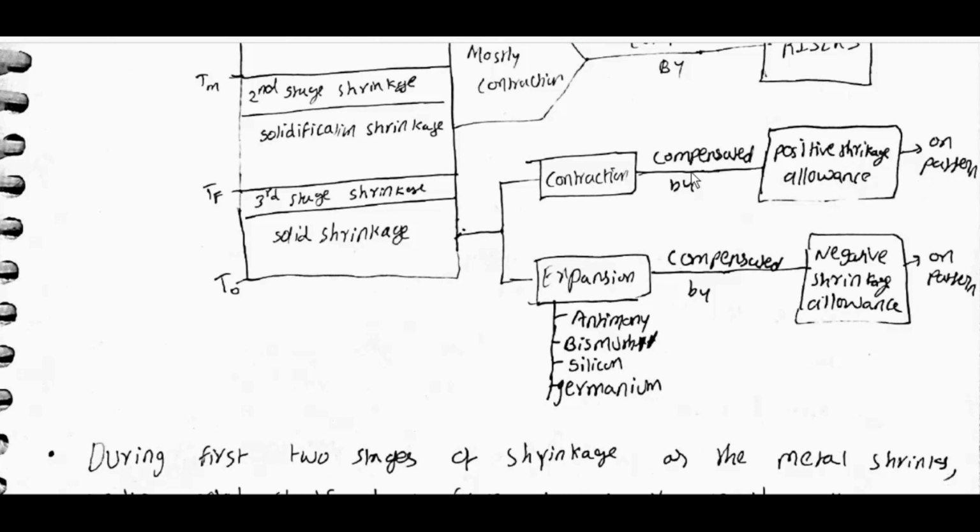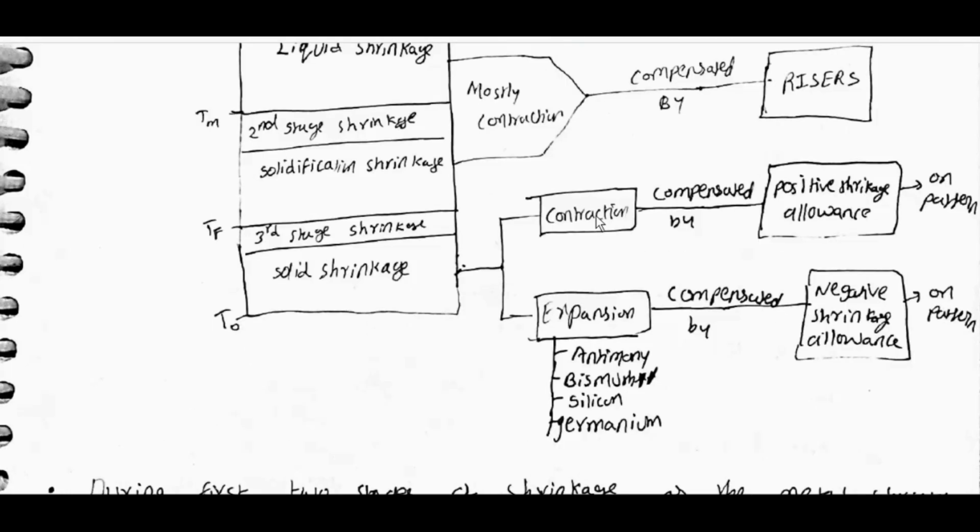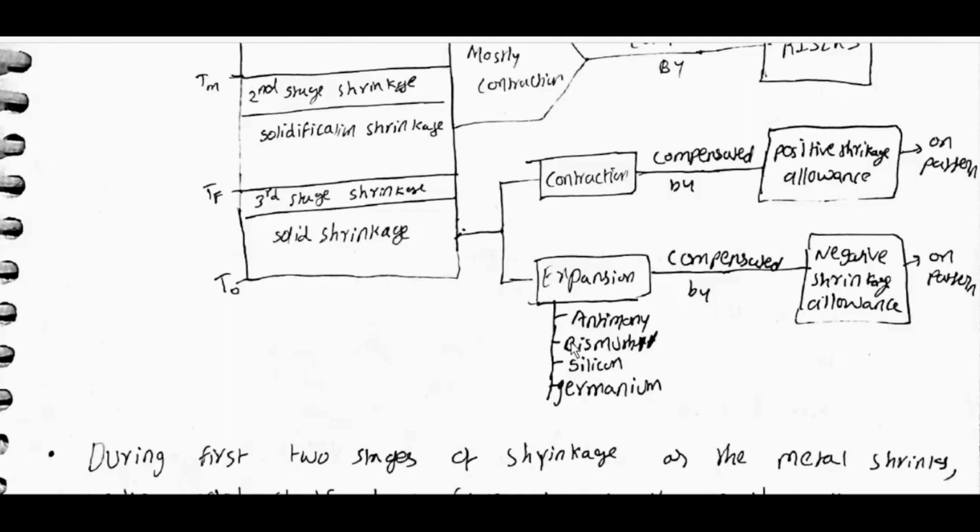That means if it is going to contract, we have to provide extra positive allowance, extra dimension, so that even if it contracts, it will come to the correct dimension. Expansion: there are very few examples which will expand, such as antimony, bismuth, silicon, germanium, compensated by negative shrinkage allowance on the pattern.